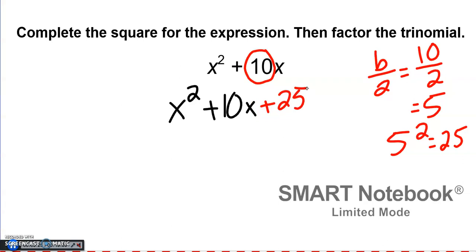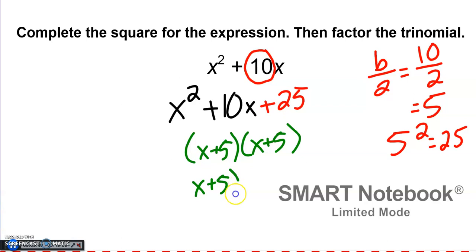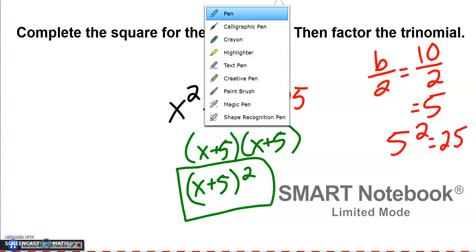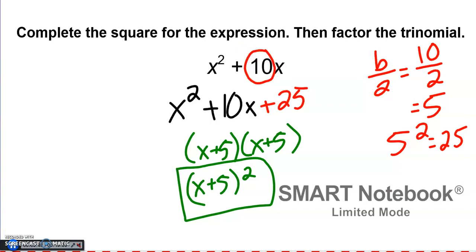And now you might notice that this is a perfect square trinomial, where we can factor it to x plus 5 times x plus 5, or we can write it as x plus 5 squared. Notice that this 5 right here is half of b.